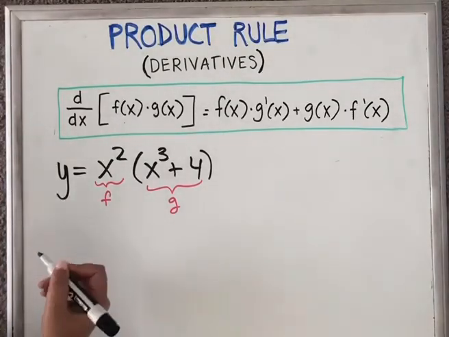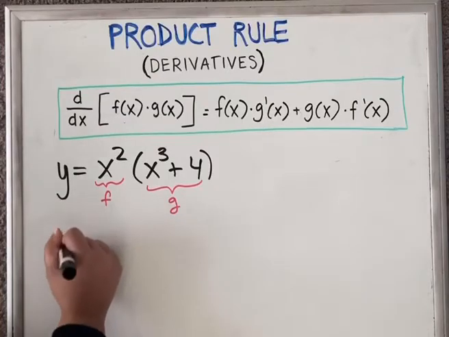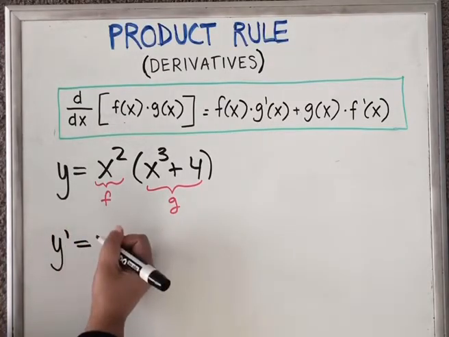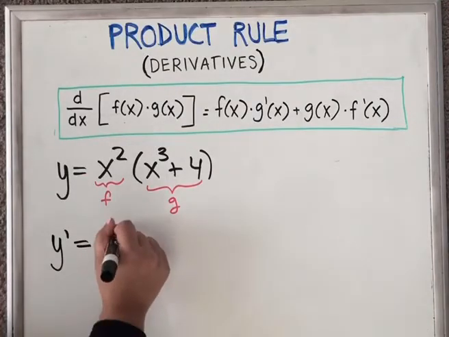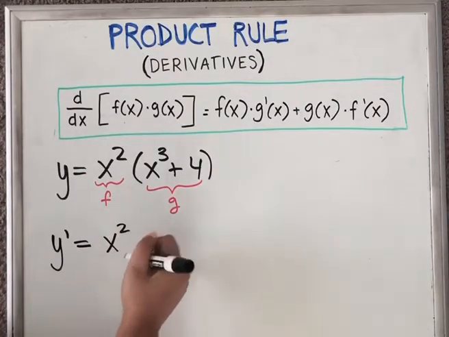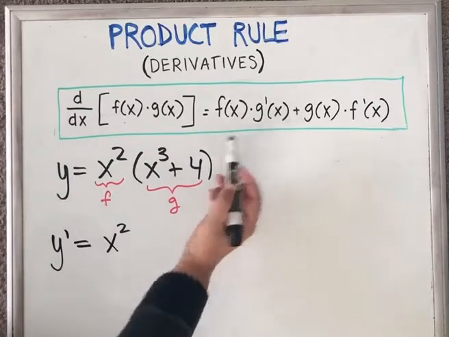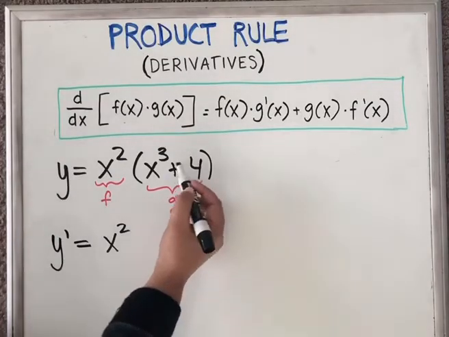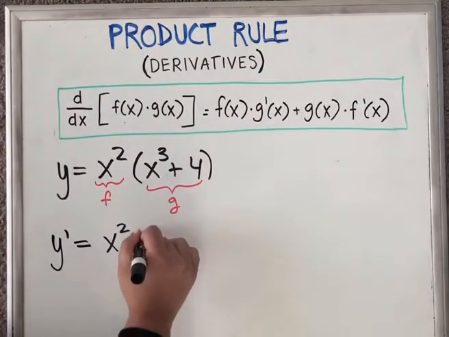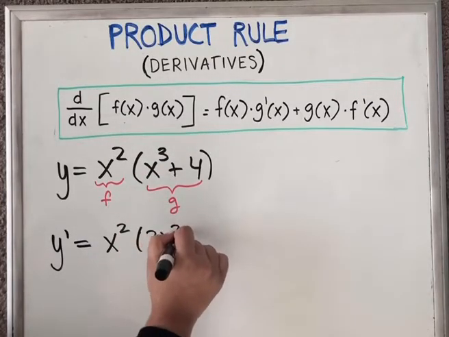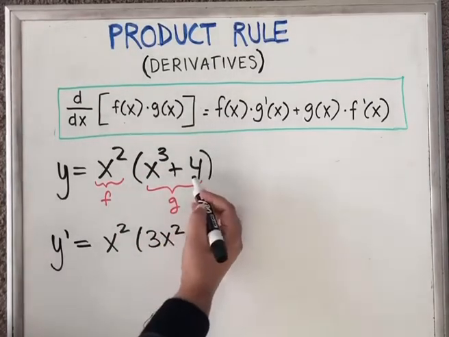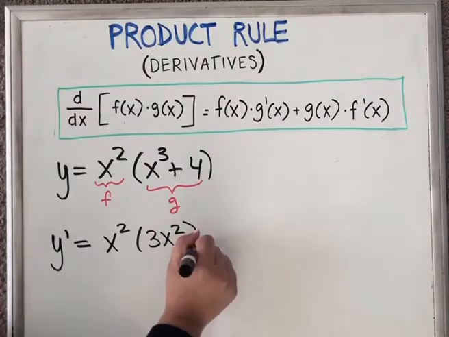So to take the derivative, y prime is going to equal f, so that's x squared, times the derivative of g. Right here, using our power rule, we have 3x squared, and the derivative of a constant is 0, so we're all good there.